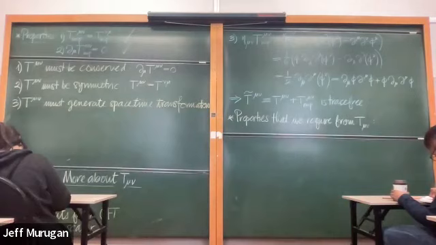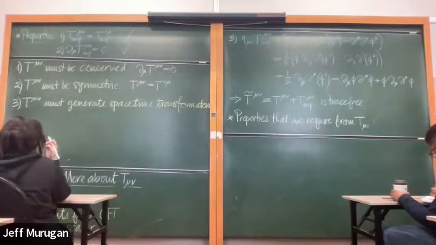Well, we know already about the generators for space-time transformations. These are the momentum generators and, for example, Lorentz generators, right?